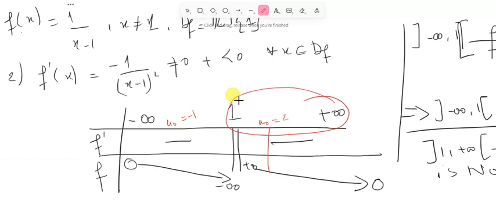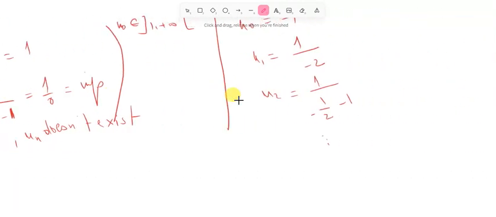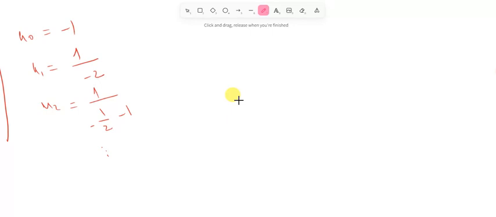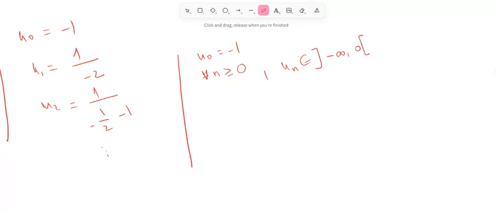And this means what? This means that all the terms of the sequence will be less than 0, and especially less than 1. So let's write it here. Whatever n superior than 0, if we take, of course, u0 equals minus 1, un will belong, based on the variation table, to minus infinity 0, which is included in minus infinity 1.